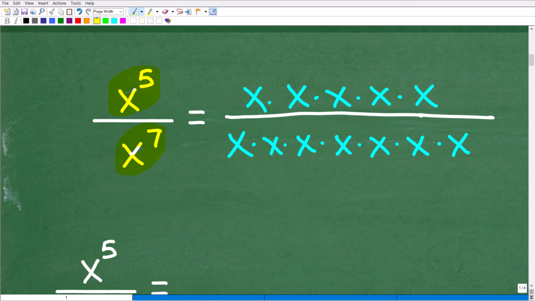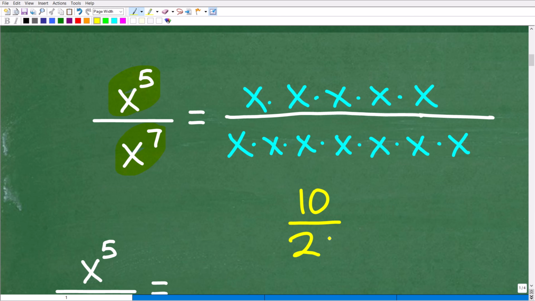Now, a rule in mathematics is the following. These things are called factors. Notice we have a product, which is the result of multiplication. So these individual components, let's say I have 10. 10 is equal to 2 times 5. 2 and 5 are the factors of 10, or the product of 2 and 5 is 10. Let me use this basic example.